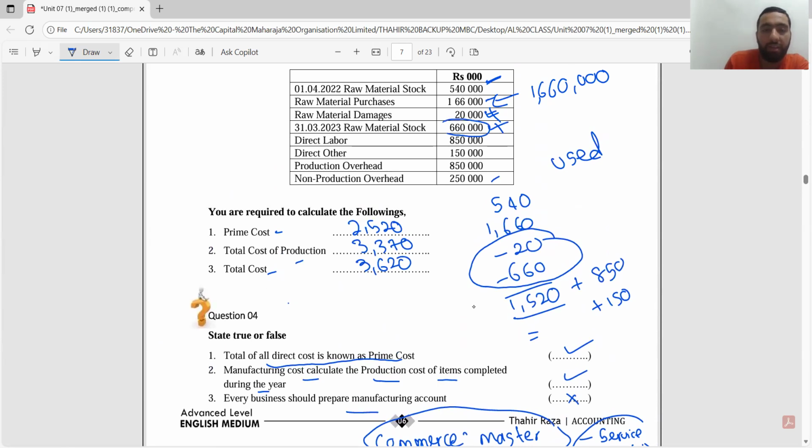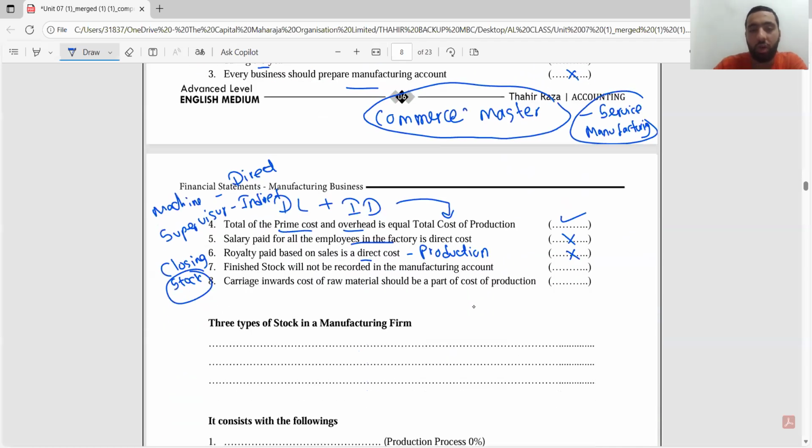Yes. මේ 660 අපි ගත්තද නැහැ. මේක minus කරා නේද? Right? So the closing stock, you don't put it. Correct. ඇයි අපි දාන්නේ නැත්තේ? Because you didn't use that to manufacture. Manufacture කරන්න use කරේ නැහැ. ඒ හින්දා දාන්නේ නැහැ. Very simple.